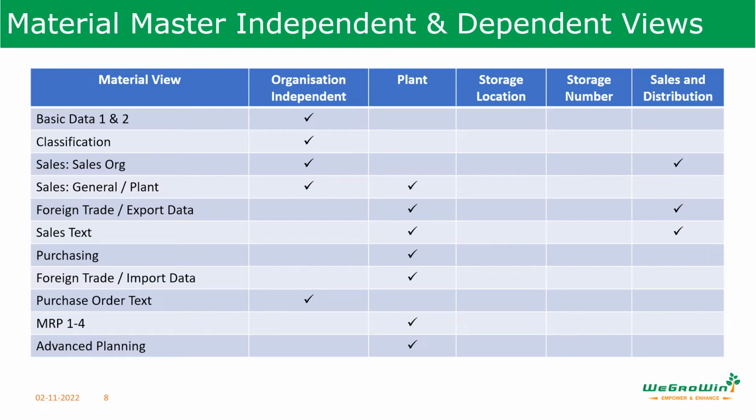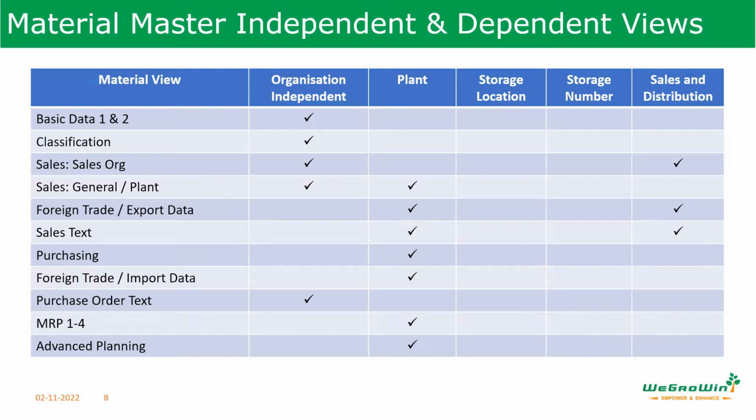Here we can see the overview of the plant dependent and the plant independent views of the material master. That is organization dependent and organization independent. The appearance of a check mark in the column denotes that the data you need to maintain for the given function. For example, Basic 1 and 2 are organization independent data. Classification is also organization independent data.